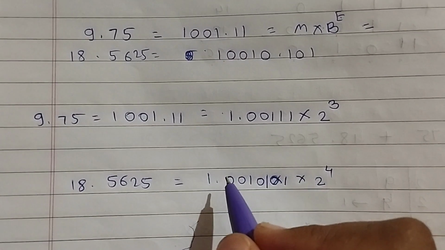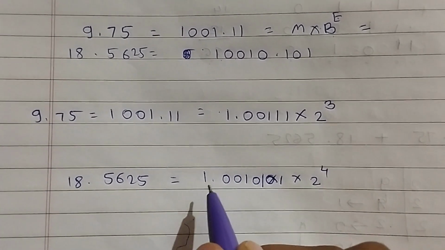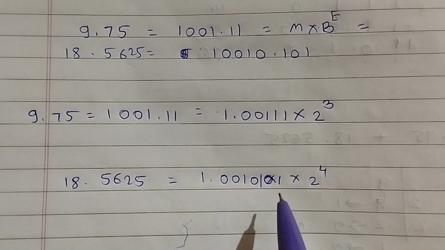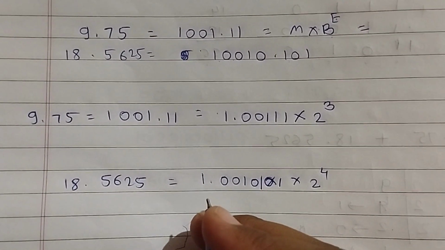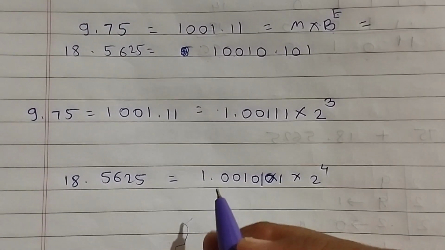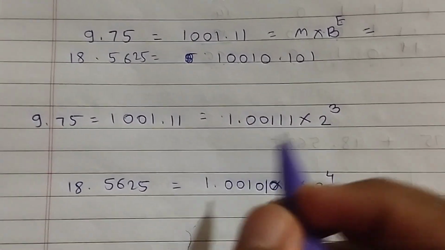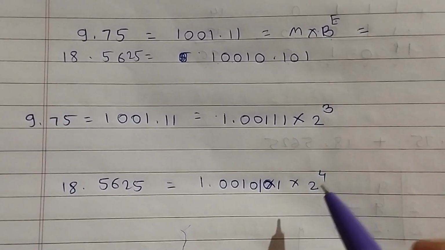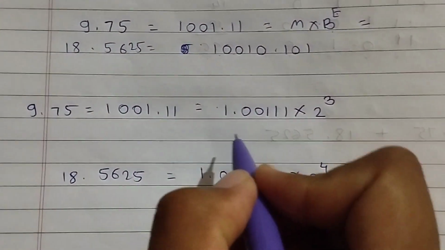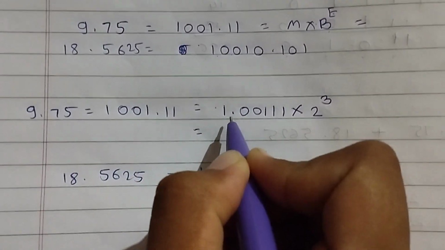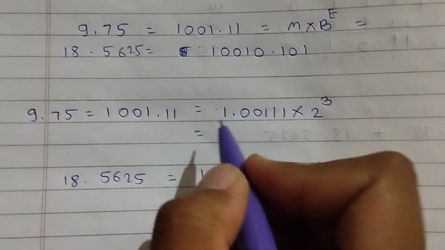If we convert 4 into 3, then our decimal point moves to the right side, and two numbers are before the floating point, which is not the right way to write scientific notation. So we convert the smaller exponent into the bigger, which means we convert 3 into 4. How do we convert? We move the decimal point to the left side one time.